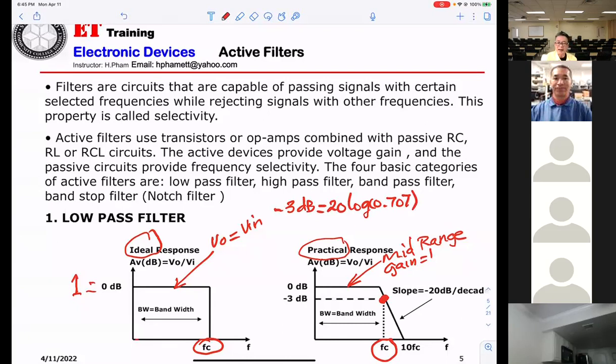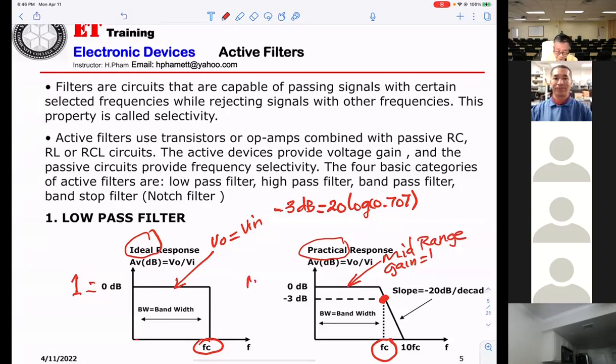When you do any calculation, you cannot use minus 3 dB. It is equivalent to 0.707, or we can say 70.7%. Okay. So if you get an input of 10 volt, at the cutoff, what is the V out?